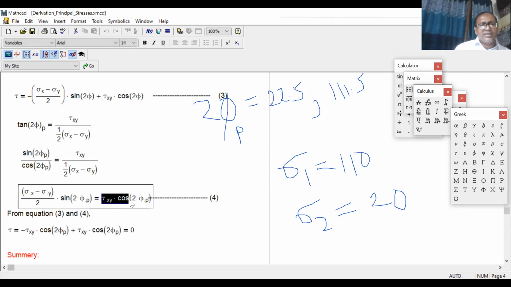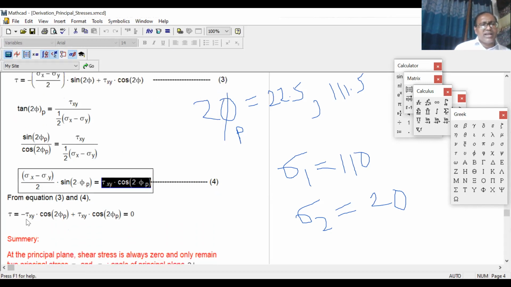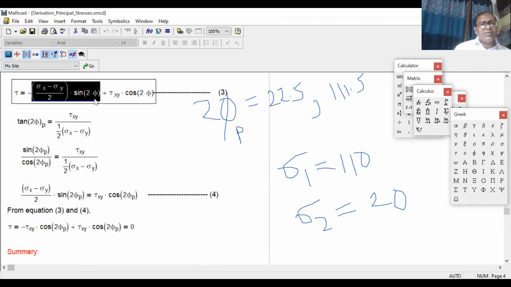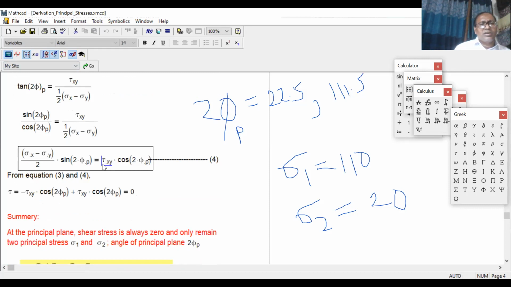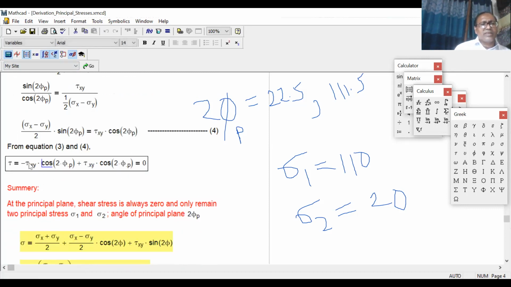You get over here the same value, but over here is a minus. So I keep the minus sign and I substitute this value. This value equals tau xy cos 2 phi. So minus tau xy cos 2 phi plus tau xy cos 2 phi. So after simplifying, you get zero automatically.